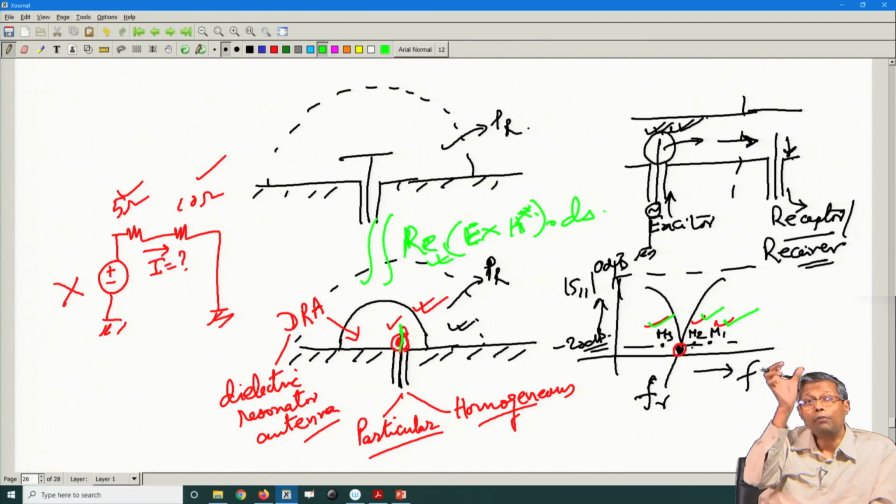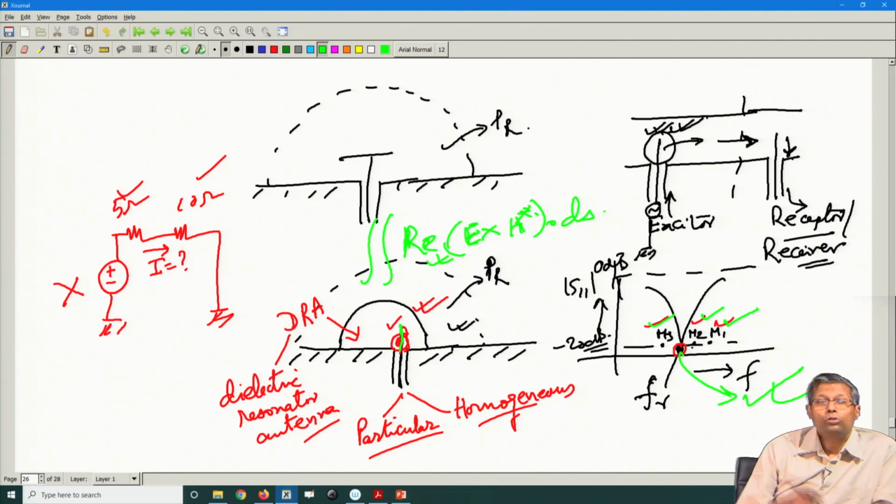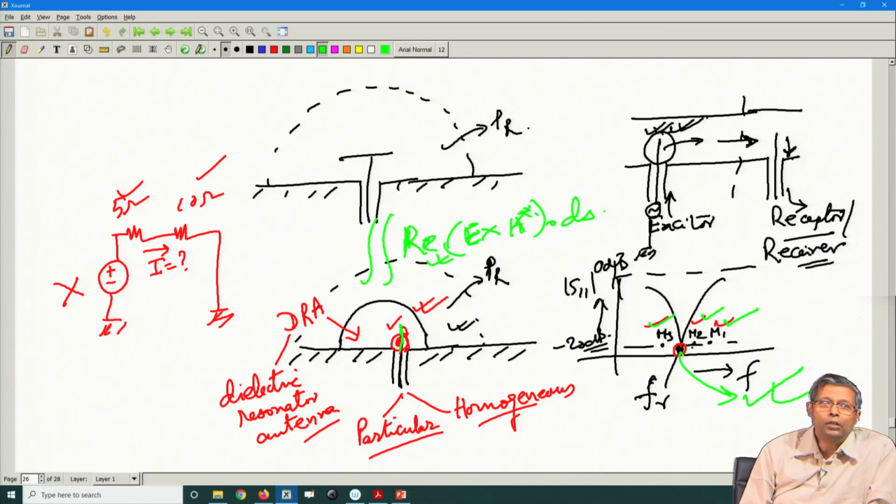I can have a chart showing what are the powers radiated by the individual modes and which mode is dominantly contributing to the radiation here. So, these are all applications of how I use the Poynting vector in the efficient design of guided structures or antennas.